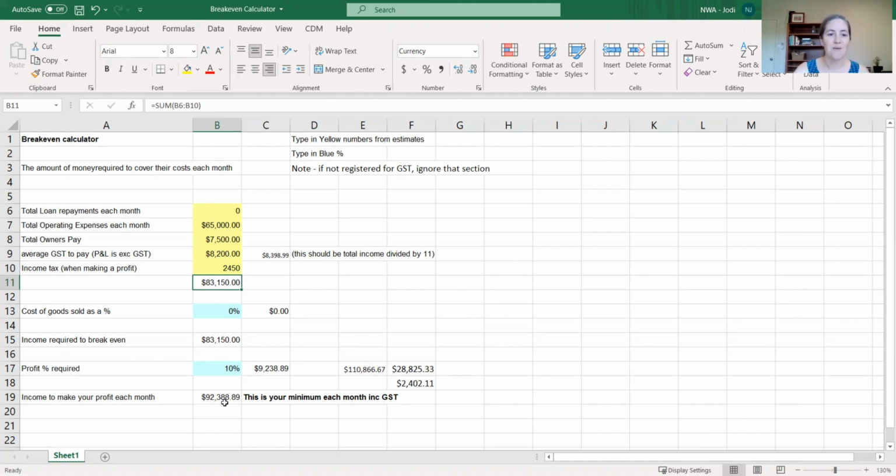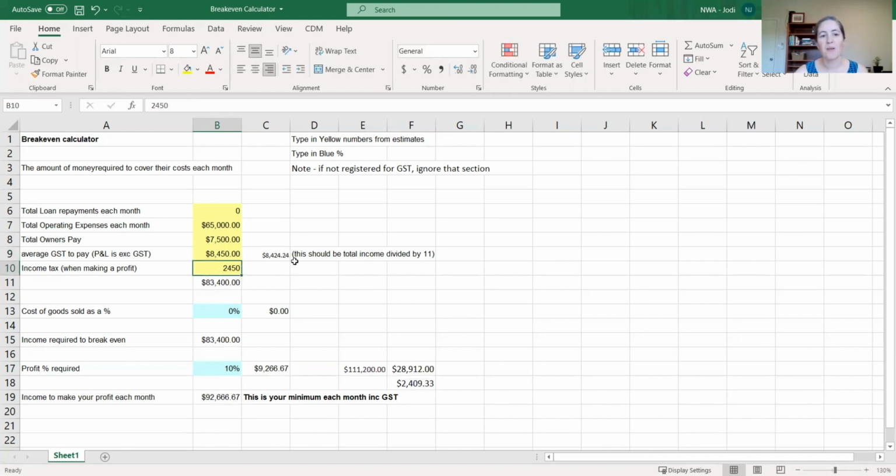And then same with this GST side of things. So it's now increased our income to $92,000 a month. And our GST should be $8,398, which is 1/11 of this total amount. Which means we need to put this figure here up to over $8,400. So 8,450, 8,424.